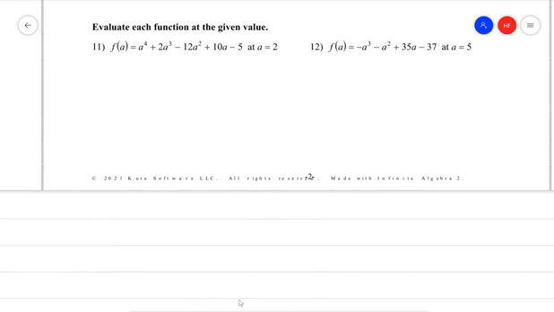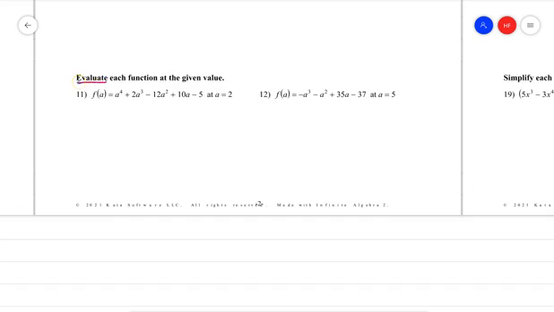The next section says to evaluate each function at the given value. So we are evaluating, which means we're going to be using synthetic substitution.